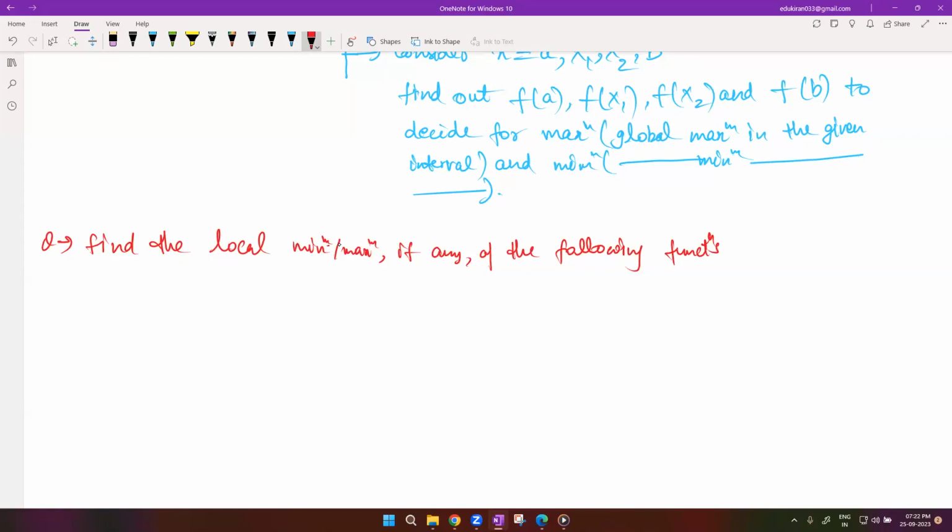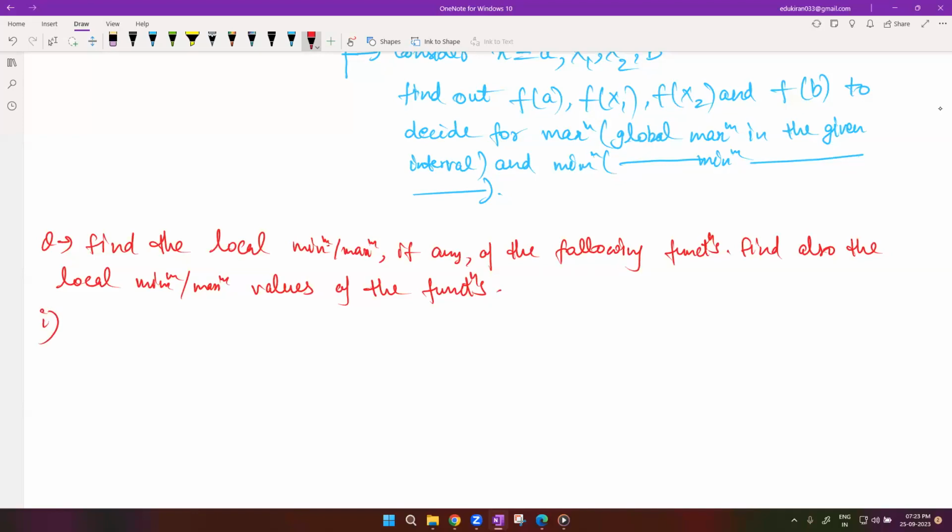And also find out these values, the local minima and local maxima values. So basically you have to tell us the value of x as well as value of y for these questions.